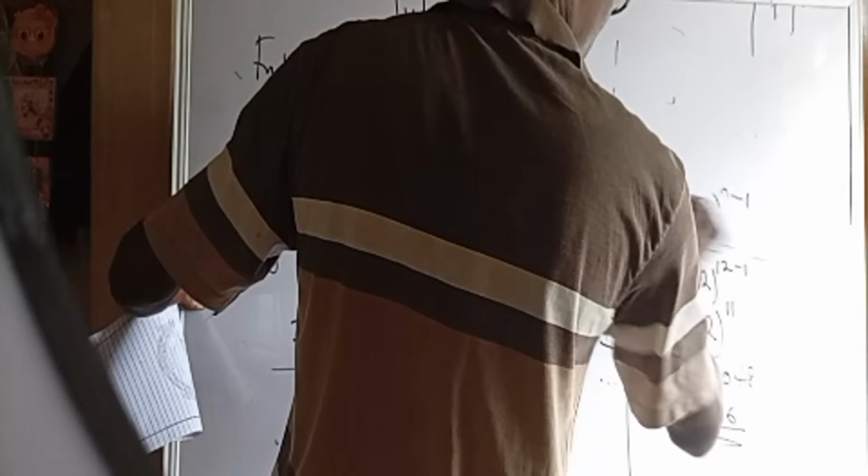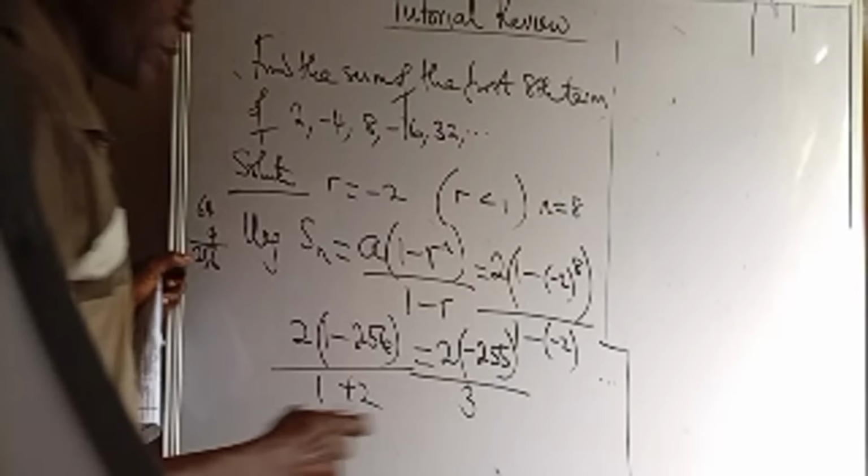Now, the next is we expand and divide by 3. So that means the sum of the first 8 terms will be minus, so we multiply out. 2 times 255 is 510, all over 3.